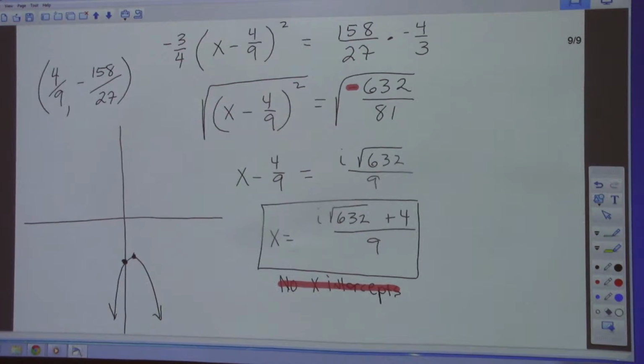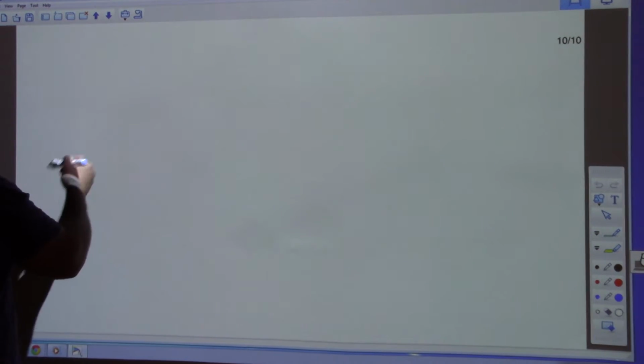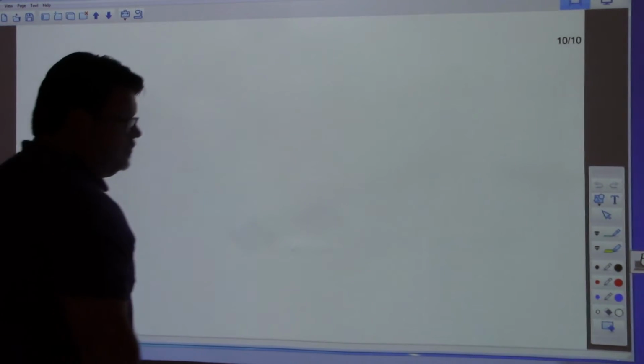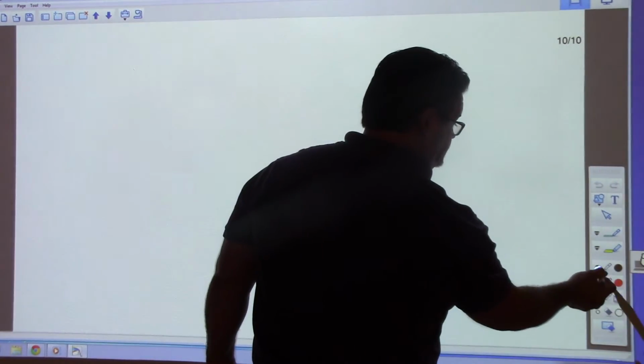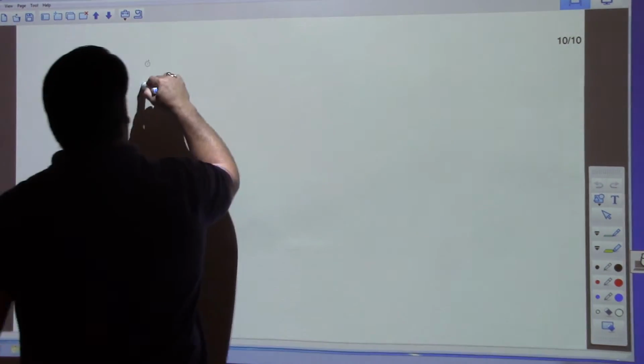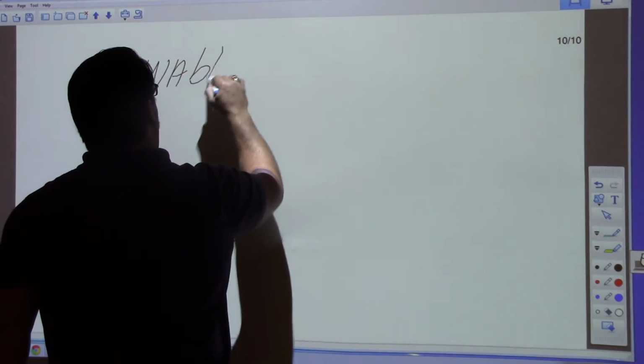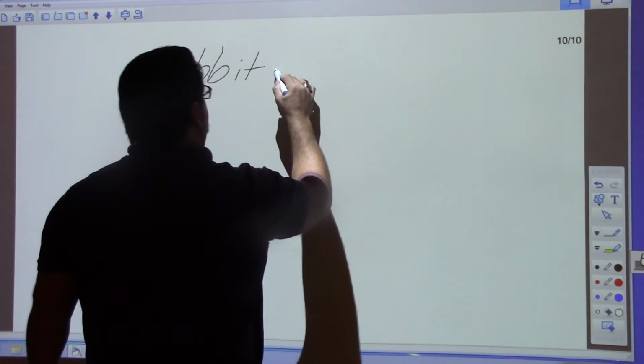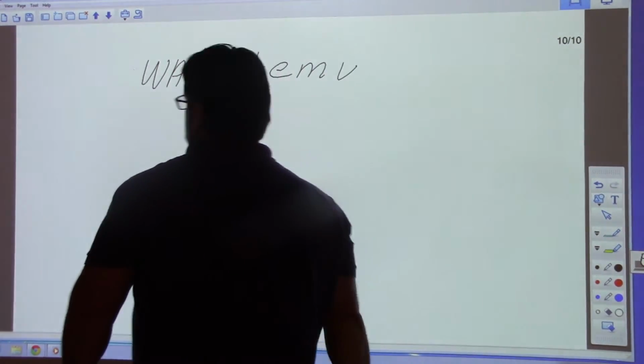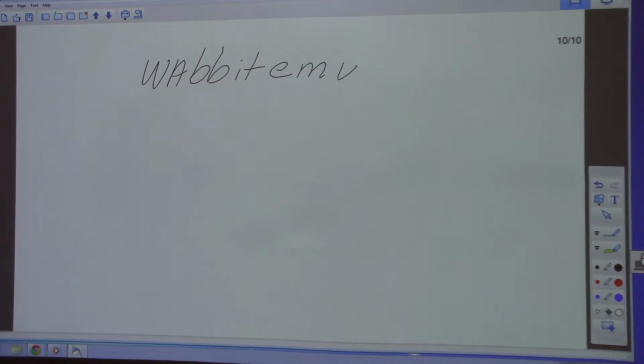Now you can go to Wabbitemu if you got an Android. You go to the Play Store and search for Wabbitemu. You can download whatever calculator you want on your Android.